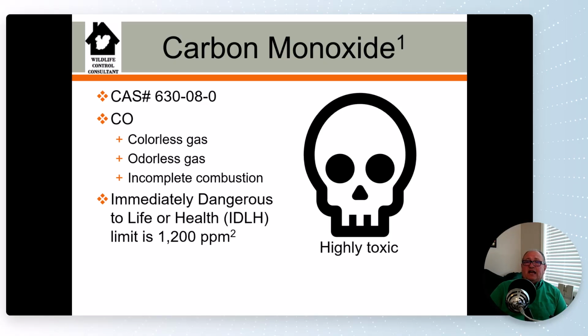And so the immediately dangerous to life or health level is 1,200 parts per million. I want you to keep that number in mind, right? So this is telling you that once you start hitting that level, things are bad. It doesn't mean that below that level it's safe. It just means things are starting to get bad at that particular level. And of course, exposure time also matters.